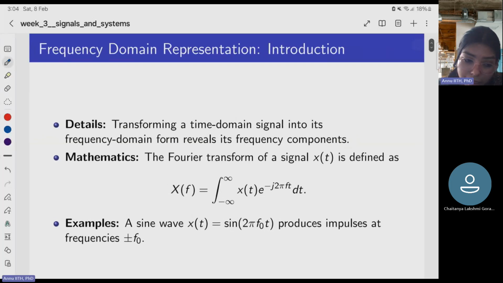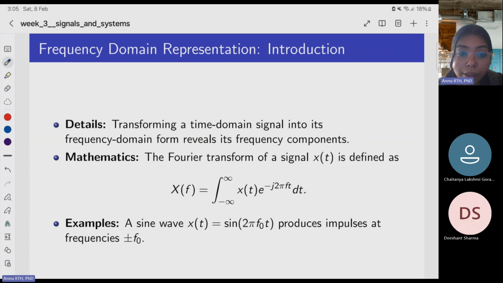Okay, I'm starting the class now. So first and foremost, the question that arises in our mind is, why do we need frequency domain representation? Or why do we need frequency domain analysis?